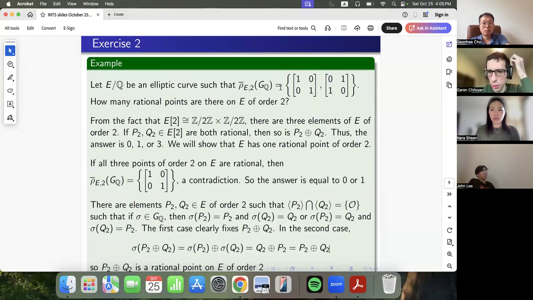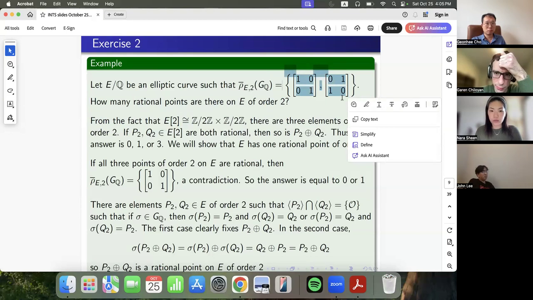This is how you work with Galois representations. You give yourself nice matrices, or close to nice, and then you see how these matrices behave on these points. You see if they swap them, or if they fix them, or they do some other strange behavior.